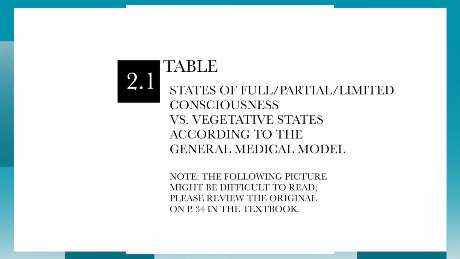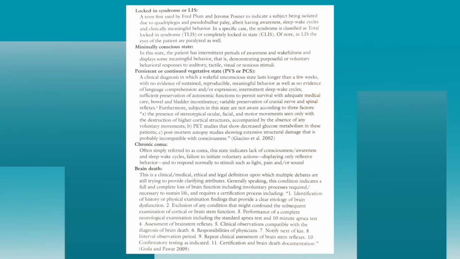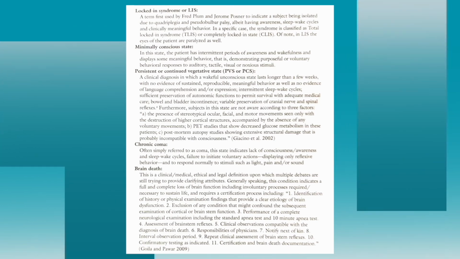So for now, one of the things that I would like students to remember is the difference between labels that we use in medicine to define different stages of consciousness, where consciousness is to some extent an equivalent of computational awareness from the perspective of medical treatment and therapy. So those terms are LIS, or locked-in syndrome, minimally conscious state, persistent or continued vegetative state, so PVS or PCS, chronic coma, and brain death.